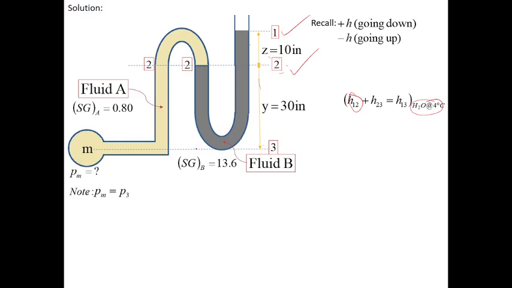Then, from 3 to 2, it is still mercury. We go up from 3 to 2, that is minus. So they will cancel, because it's the same liquid, which is mercury.